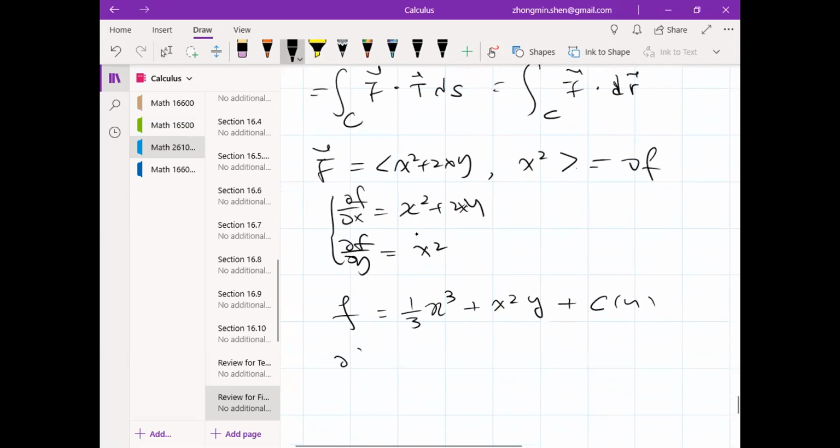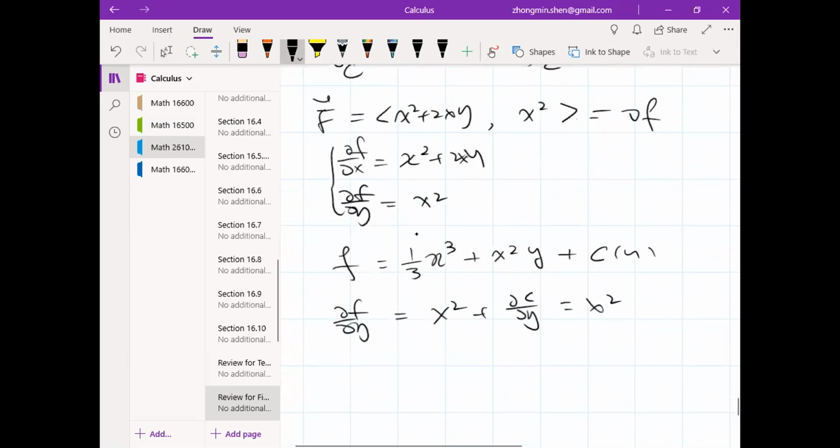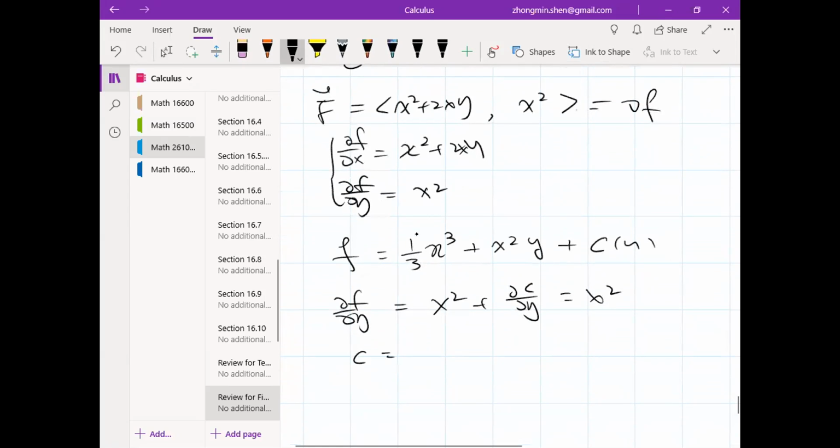Then you put that into the second equation, you get x squared plus C prime, and this is supposed to be x squared. So C must be constant. So that means our f is going to be this function.